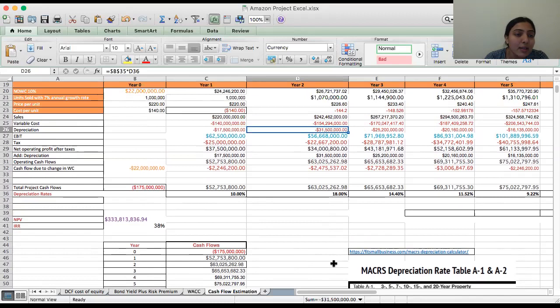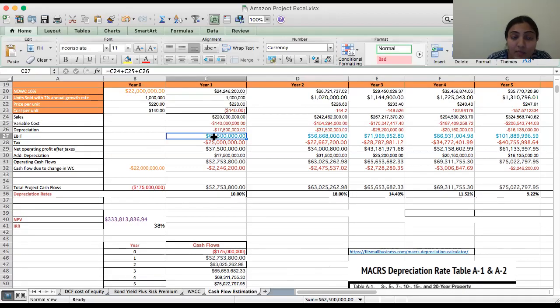Next thing that comes is earnings before interest and tax. In order to find the earnings before interest and tax, you have to take the sales amount, the variable cost amount, and the depreciation, like you have to deduct the depreciation. Yes, earnings before interest and tax is sales minus variable cost minus the depreciation. You will get the earnings before interest and tax amount.